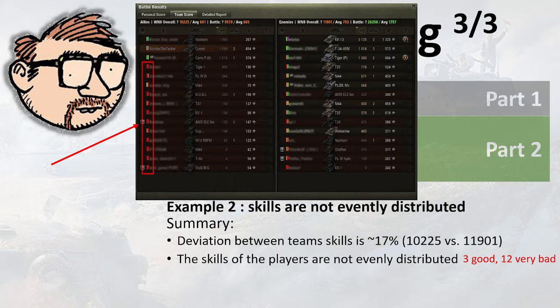And what is the reason? In my allied team, I had three good players, so there was a very good peak on the skill level in those three players, but the rest of the team was very bad. Almost everyone was red. There was one yellow, but the rest were red.